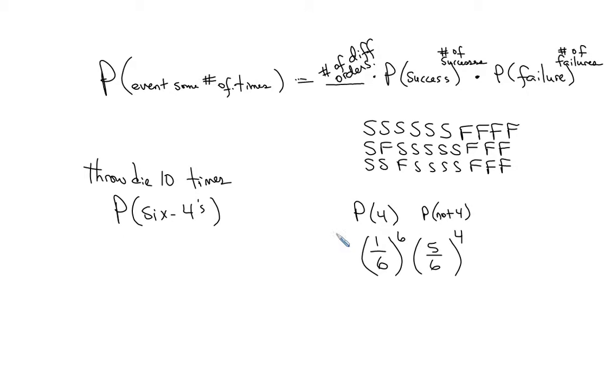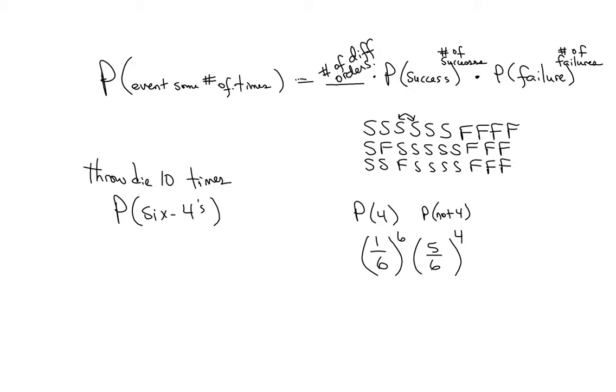So this number in the front is going to take care of the orders. But when we go to calculate this number in the front, does the order of the S's matter? Can I switch these two S's with each other and get a different outcome? No, I have to rearrange S's and F's, but I don't rearrange S's with S's, right? That doesn't change anything. It either is a 4 or it isn't a 4. Does that make sense?